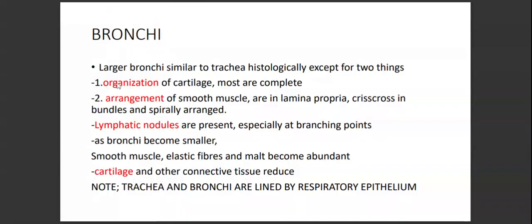Okay, so number one, we're saying these bronchi are similar to the trachea except for two important things. Number one is organization of cartilage. In the trachea, we said that cartilage is C-shaped and is deficient posteriorly. Here we find the C-shaped type cartilage in the bronchi, but most of them are complete, meaning they form a ring.